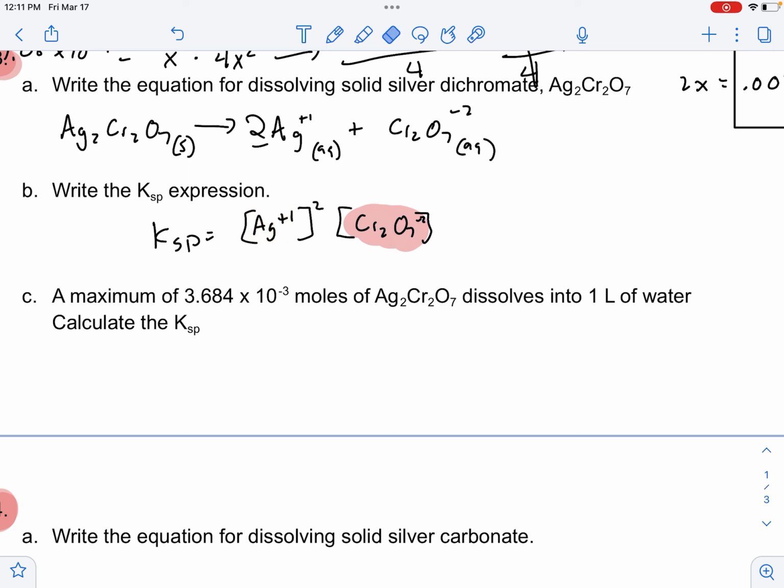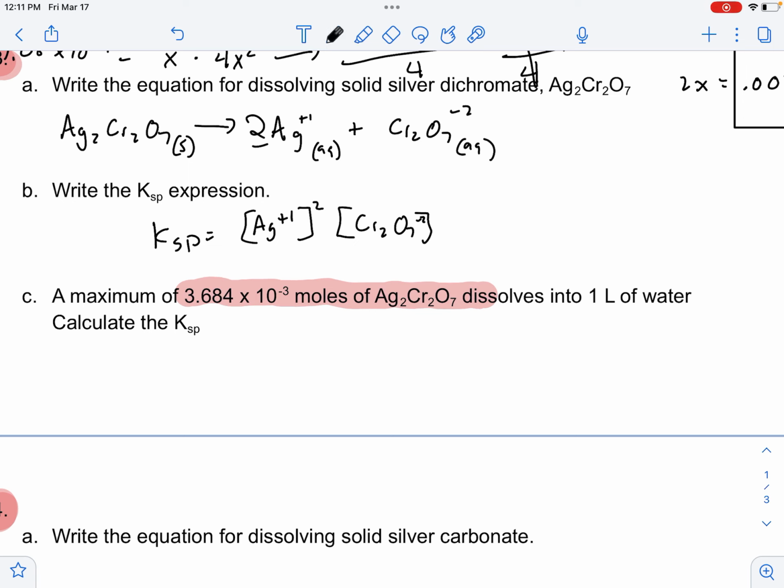Now, they do give us a clue into that within the previous part of the C problem. It says a maximum of 3.684 times 10 to the negative third moles of Cr2O7 dissolves in 1 liter of water.